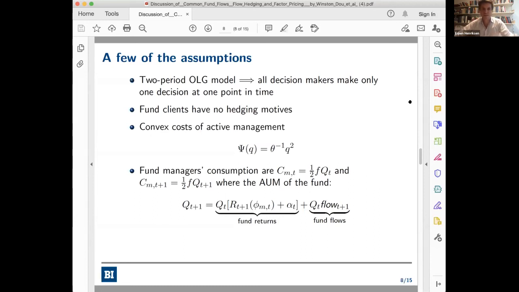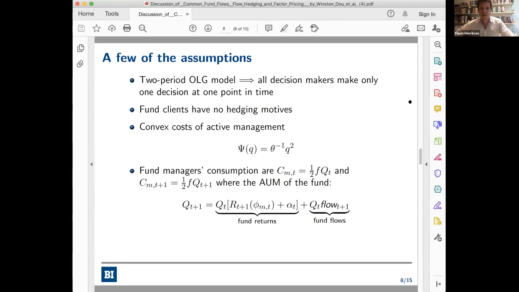The second is that fund clients have no hedging motives. The only slight hedging motive for the clients is hardwired into the utility function, in how uncertainty makes you discount the future with the Epstein-Zin utility, but they have no consumption stream they want to hedge, or that would affect their risk aversion or their portfolio choice.